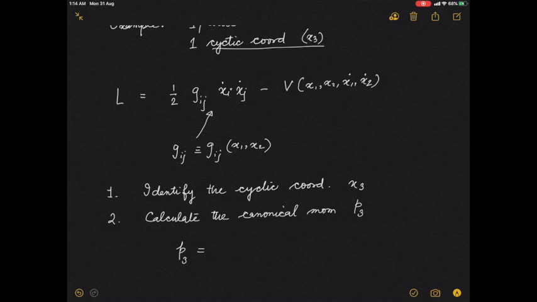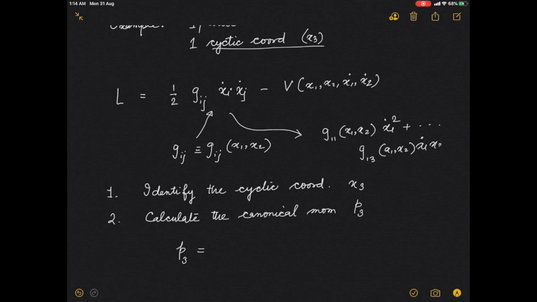So now what will be p3? Remember, let me write a few terms here. So this is g11(x1, x2) x1 dot squared plus etc. Right? Then I can have terms like g13(x1, x2) x1 dot x3 dot, etc.